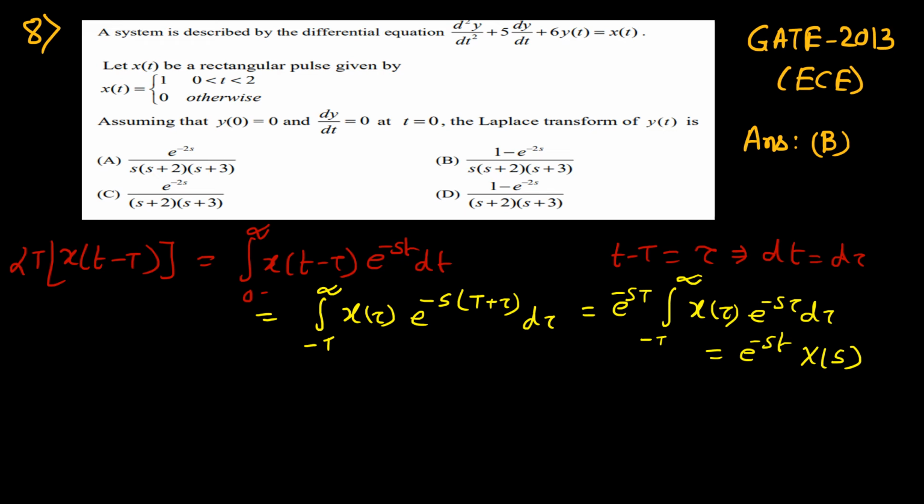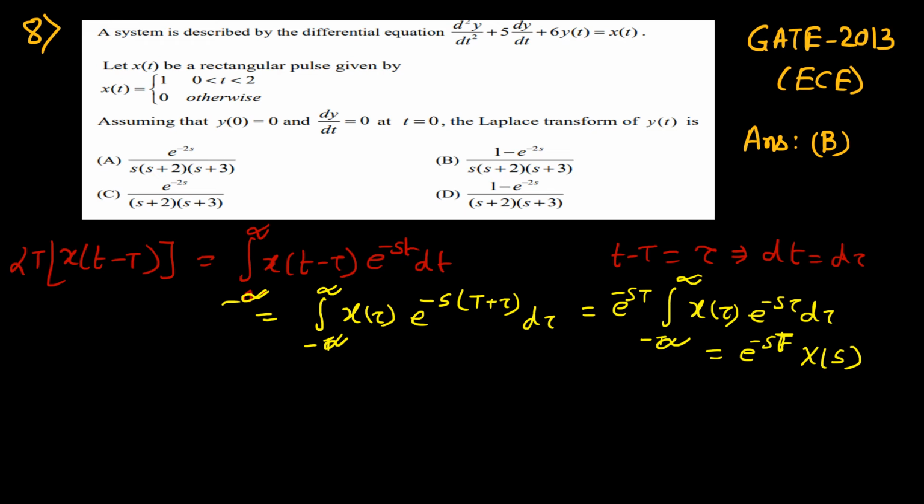Okay, so if we go for the double sided, then there will be no confusion. So it will remain minus infinity, for double sided. Right. So this is the result: x of t minus T, e to the power minus s capital T.